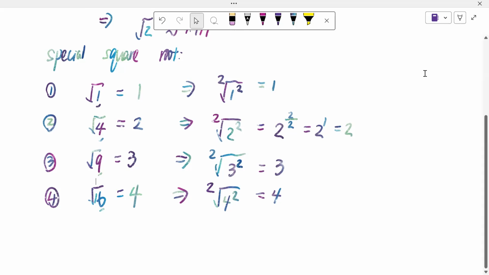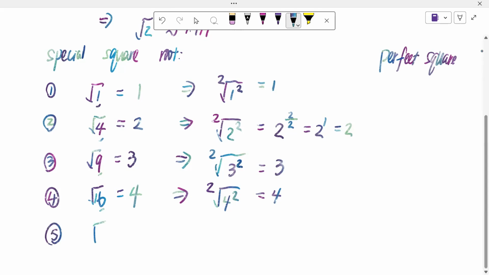Perfect square. Exactly, right? Very good. Yes, that's exactly the idea, Albert. So basically they're all perfect squares. You're taking the square root of a perfect square, you will get a whole number like 1, 2, 3, 4, like what we have here.